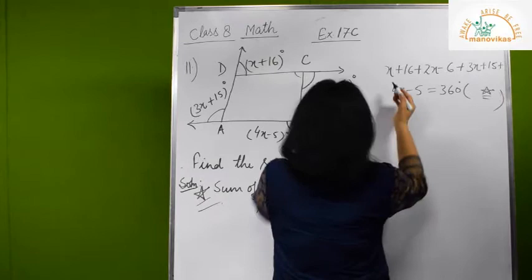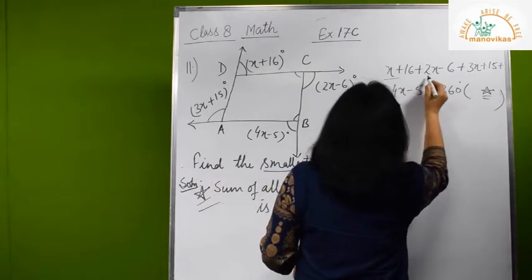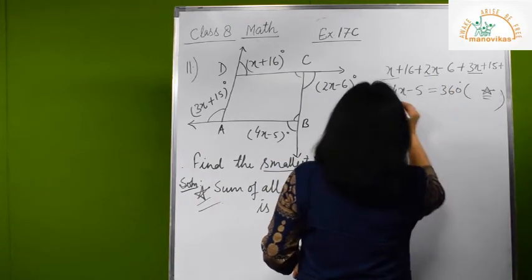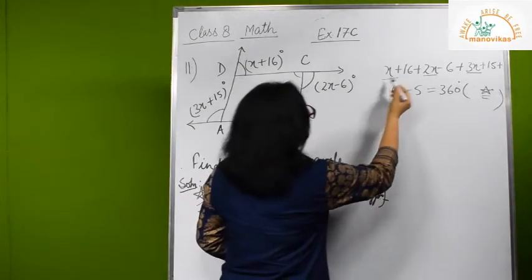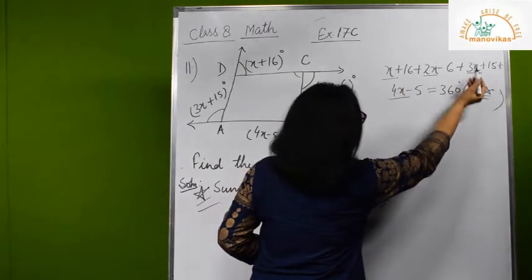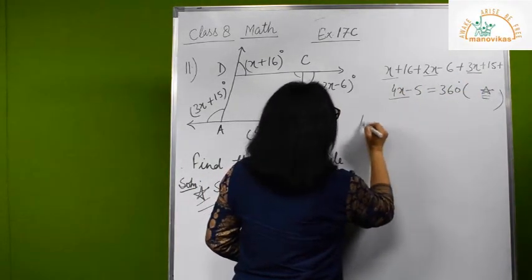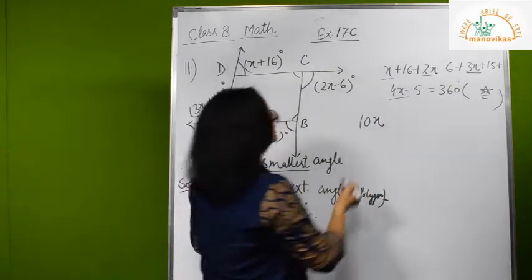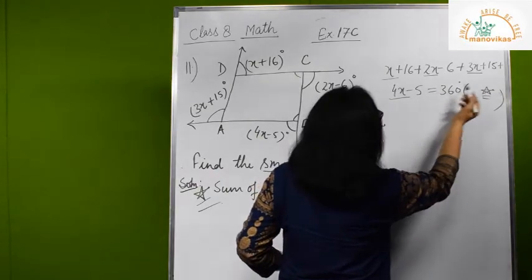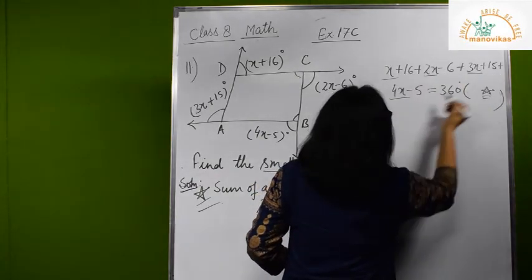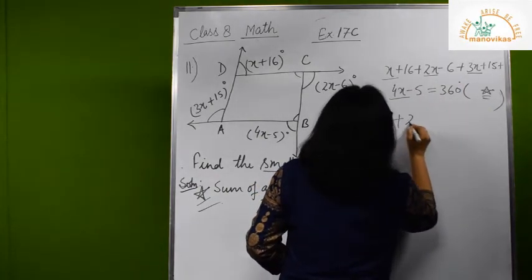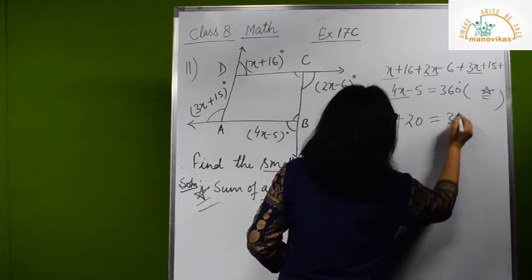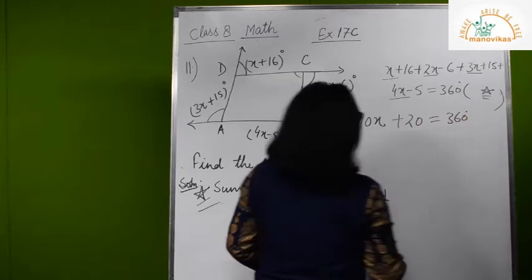Now we will simplify this linear equation. First of all, add all the variable terms: x plus 2x, 3x, plus 3x, 6x, plus 4x, 10x. So all together we have 10x. Now simplify the constants: plus 20. This is equal to 360 degrees.